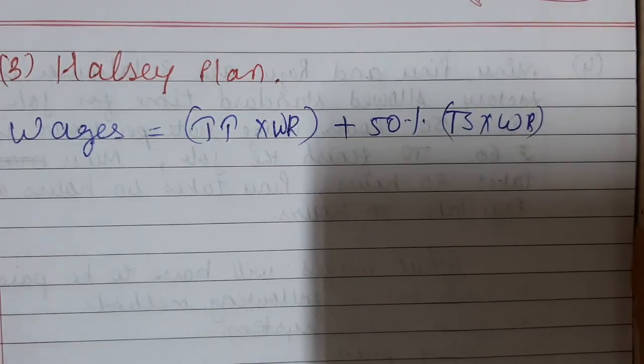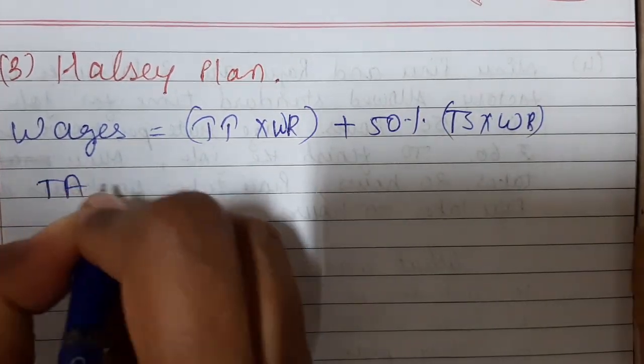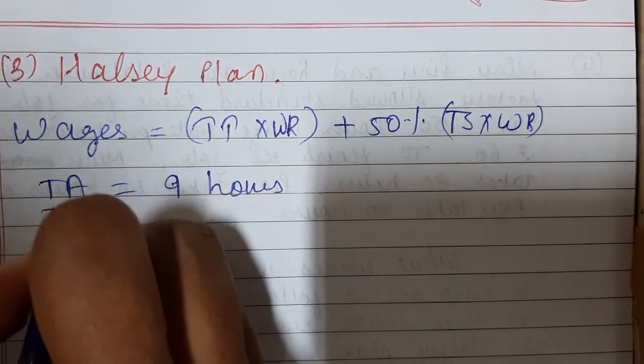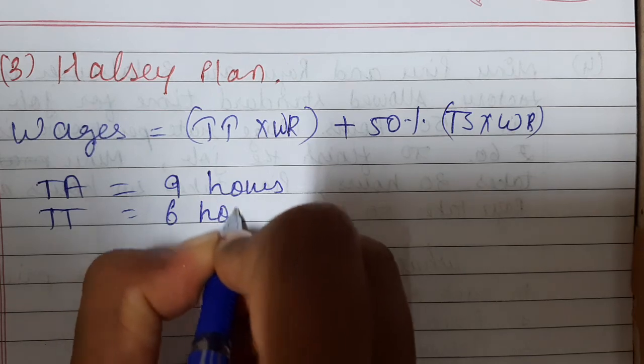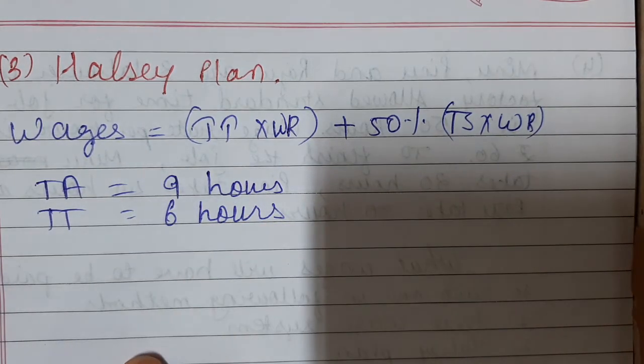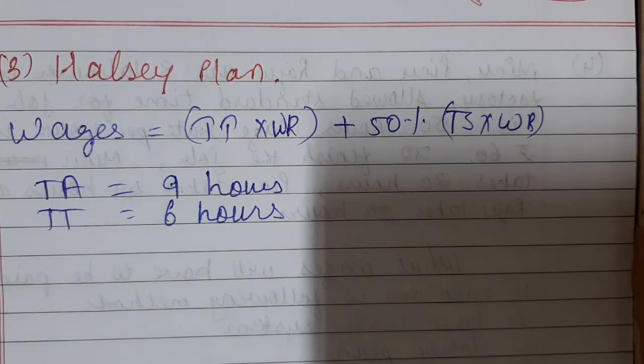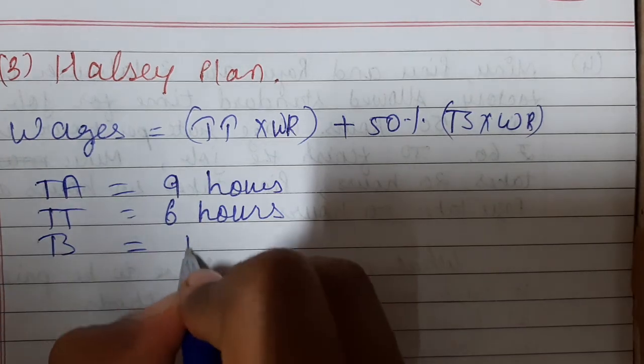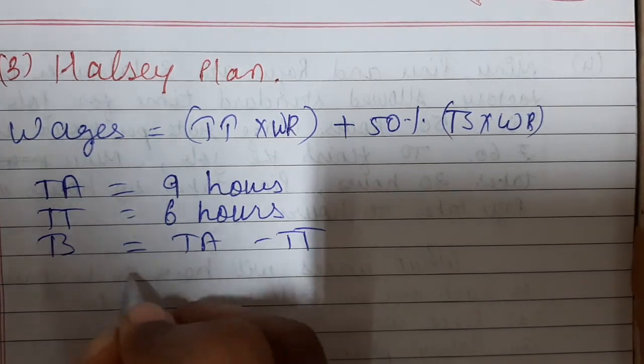Before calculating this, you can also write down like this: time allowed 9 hours, time taken 6 hours. Time allowed can be called standard hours and time taken can be called actual hours. So how can we find out time saved? Time allowed minus time taken.